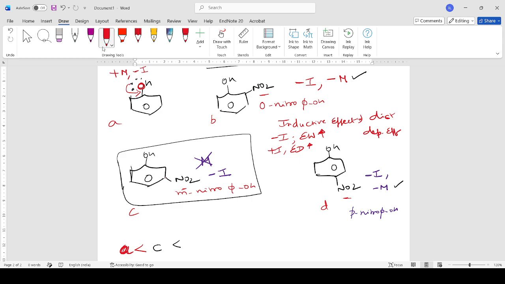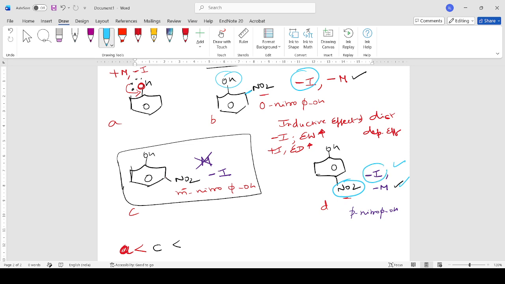Now, when I apply this ideology here, this nitro group is very close to the phenol OH. This is having minus I. Very close, so it has to be more acidic. Here, this nitro is also showing minus I and minus M, but this nitro group is far away from the OH.